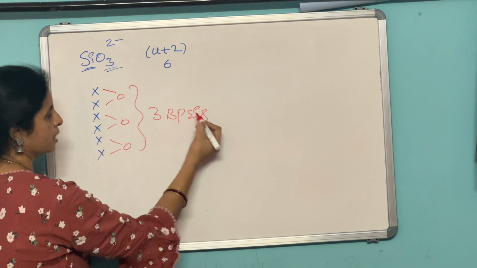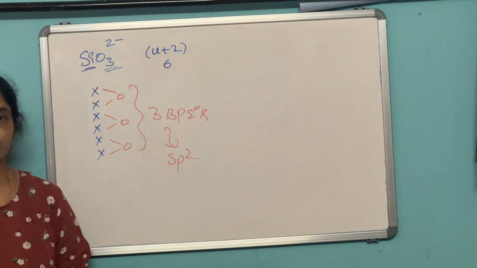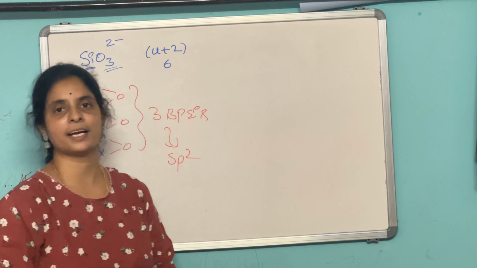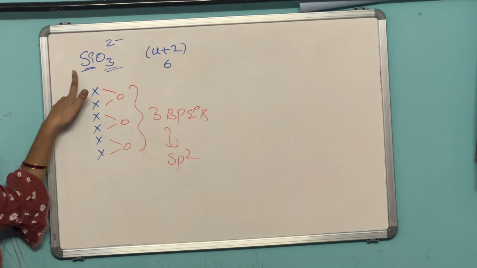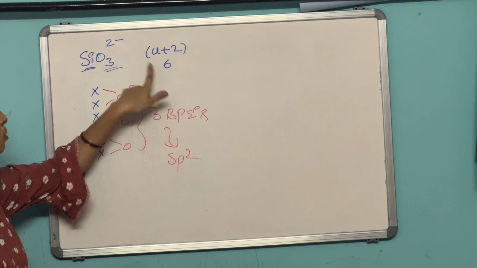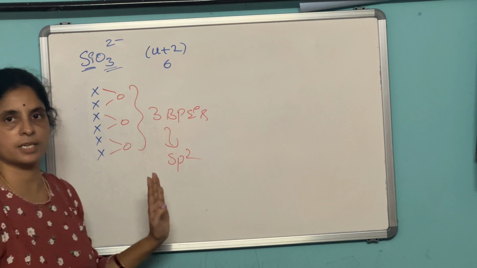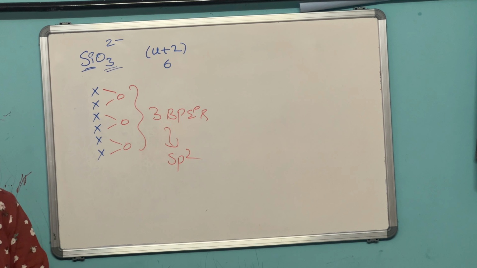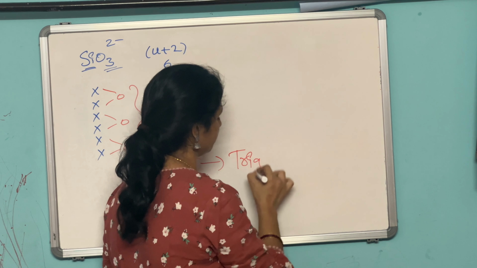Clear? 3 means what is the hybridization? sp2 hybridization with trigonal planar geometry. Here central atom group number, if this is an anion, +2, 6 cross marks, oxygen 2 cross marks only for oxygen. 3 bond pair of electrons, sp2 hybridization, and the geometry is trigonal planar.